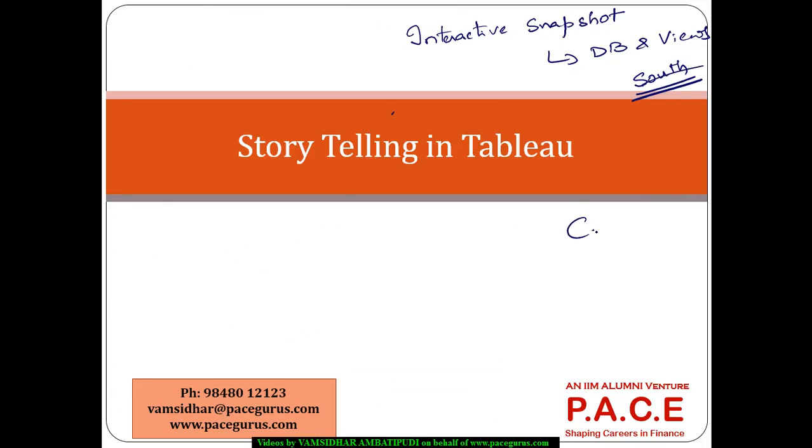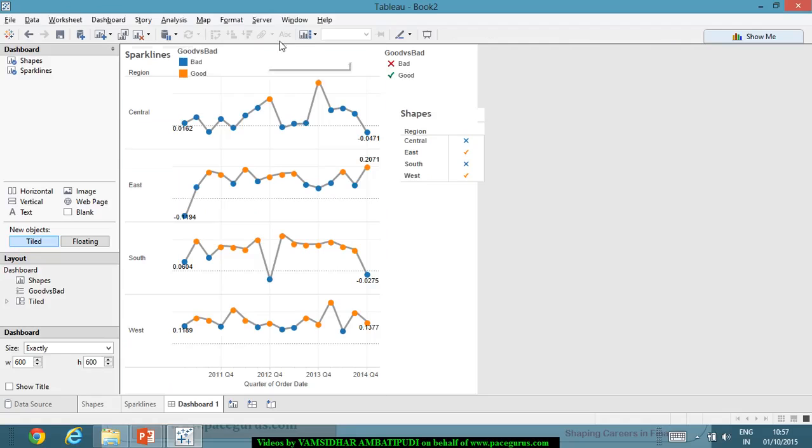So the Central, many a times they did not perform well, only once or twice they have really performed well. So I want to highlight some specific issues with the Central region. So I want to transform this entire simple scorecard that I have created here into a story.